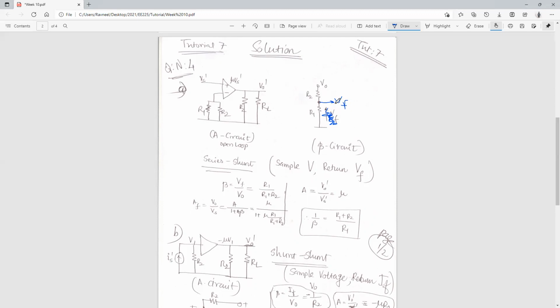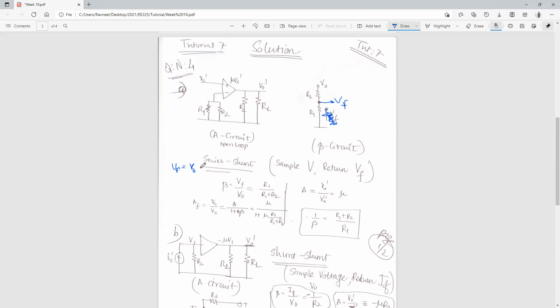VF. So VF is basically equal to, wait, let me write it over here. That will be much easier. If I write the equation for this terminal, VF is equal to V out times R1, since VF is the voltage across R1, so we can use the ratio.